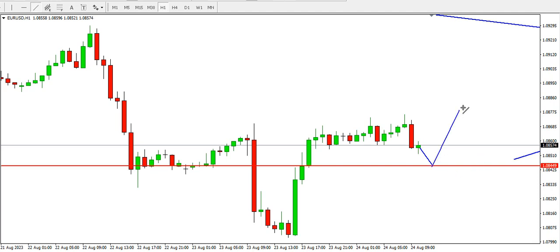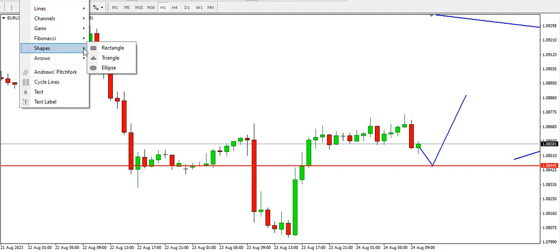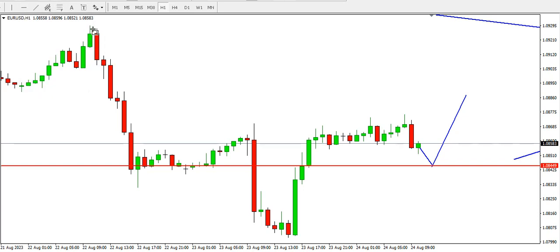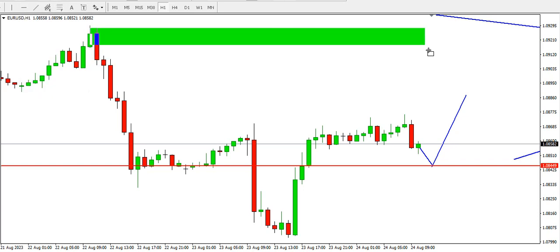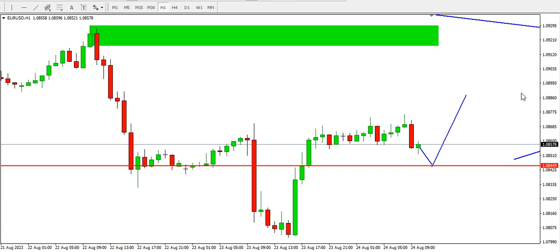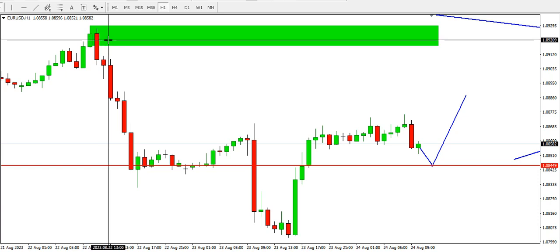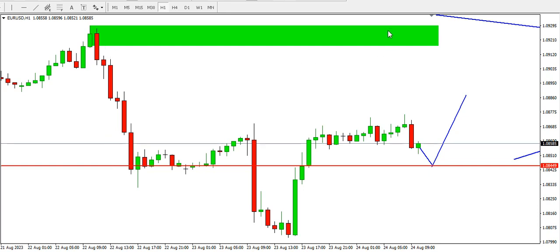But for price to now give us something like an inverted head and shoulder, we have this particular order block on the 1-hour time frame that might serve as a supply zone. I'm talking about the 1.09210 level. Might get a supply zone around this point.